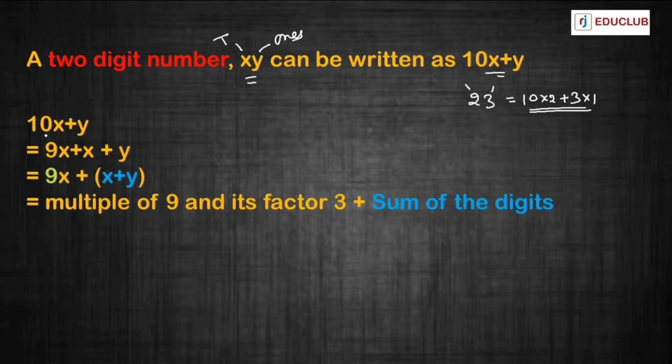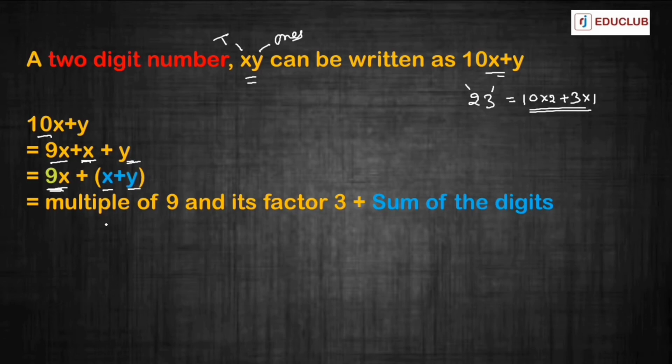Now 10x I can write as 9x plus x. Y is also there. Look, 9x is a multiple of 9. We have taken it as a separate term. Here x is left, here y is left. So x plus y.